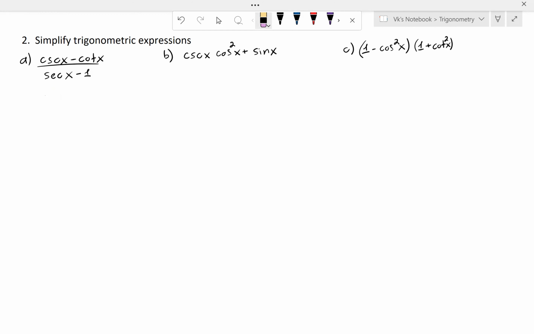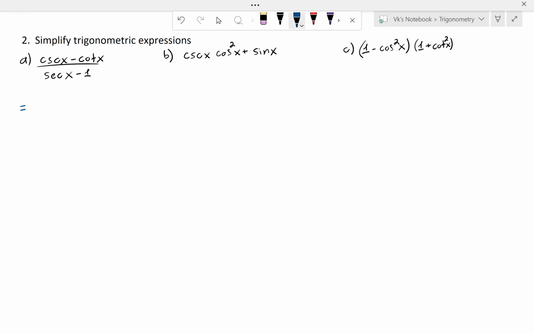To simplify trigonometric expressions, first: cosecant x minus cotangent x over secant x minus 1. The best way to simplify is to convert each trigonometric term into sine and cosine.